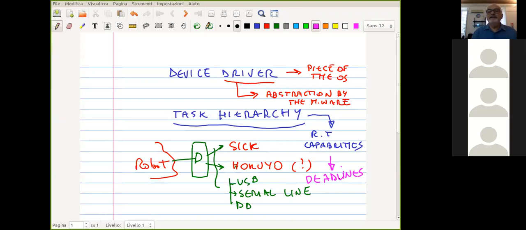A deadline is a time before which your process, your task must mandatorily compute, and that is a hard deadline. If it hopefully computes before the deadline, this is called a soft deadline.